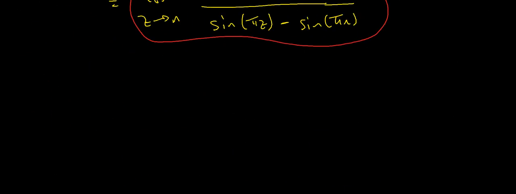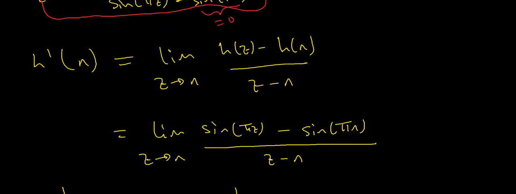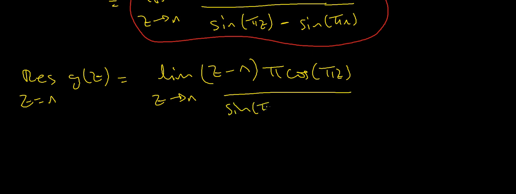So in other words, that tells me that the residue at z equals n, the integer n, of g of z, that's equal to the limit as z approaches n of z minus n times pi cosine pi z, all divided by sine pi z minus sine pi n. Now I know from the work I did above that this thing, not including the pi cosine pi z, will converge as z approaches n to 1 divided by h prime of n, and obviously pi cosine pi z is going to go to pi cosine pi n.